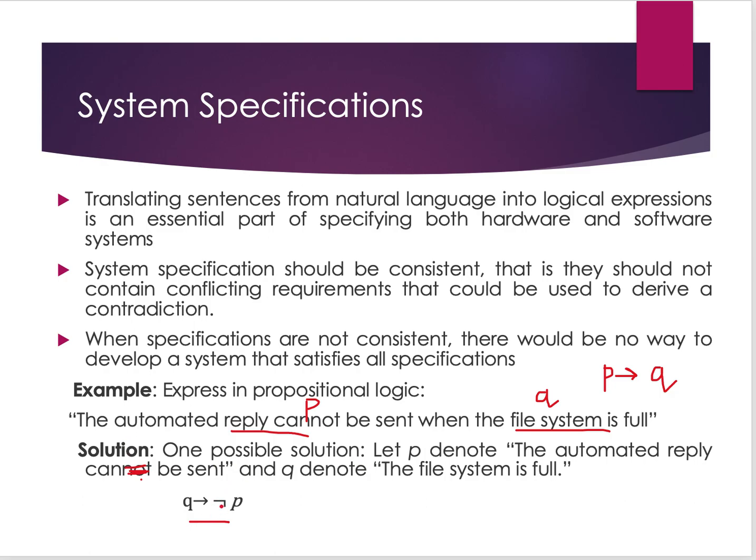Because we use the negation, we let P be a positive sentence. So when we denote P as the automated reply can be sent, then when we present the proposition, we have to add the negation. But if you don't want to add the negation, then you can do something like this.